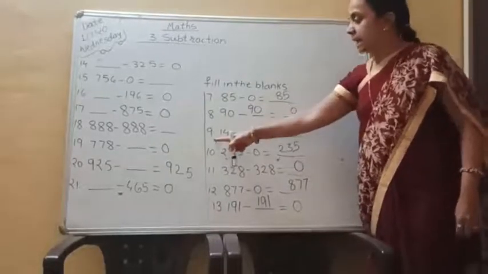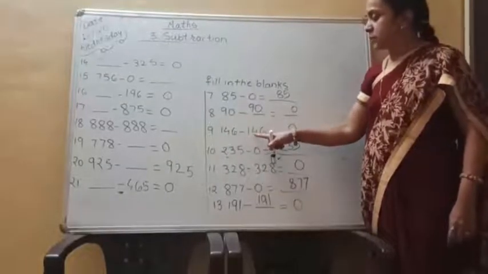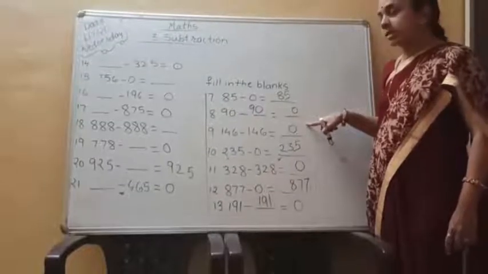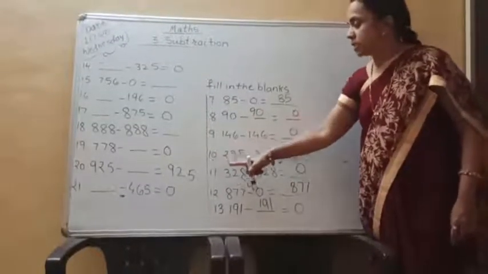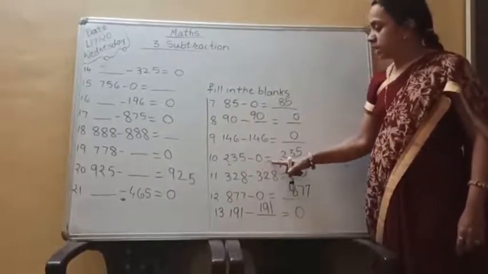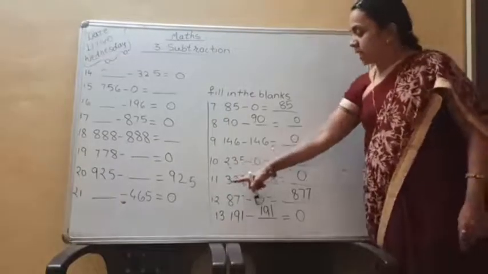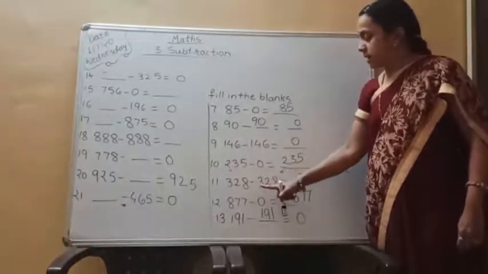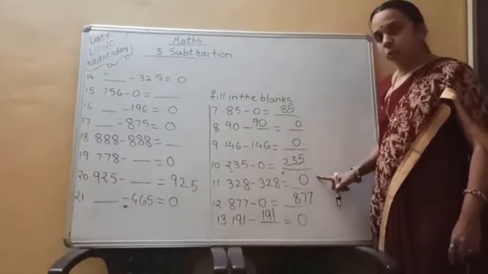Now see 9th question. 146 minus 146 equal to what? 0. Very simple. So write down here 0. Now see 10th question. 235 minus 0 equal to what? 235. Now see 11th question. 328 minus 328 equal to 0.